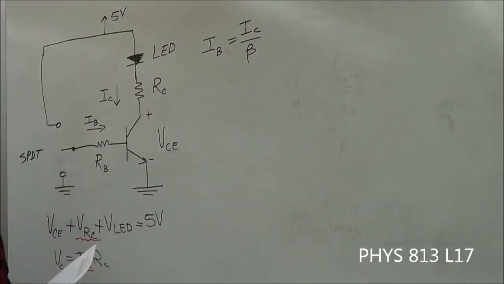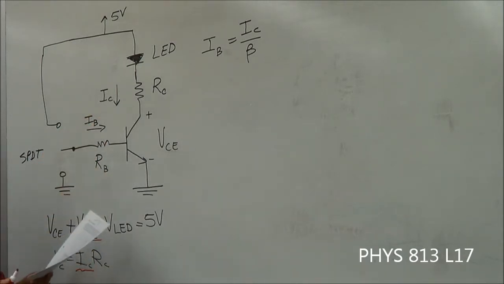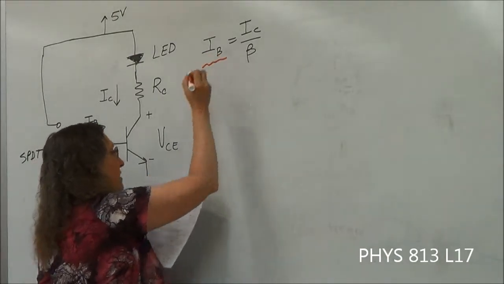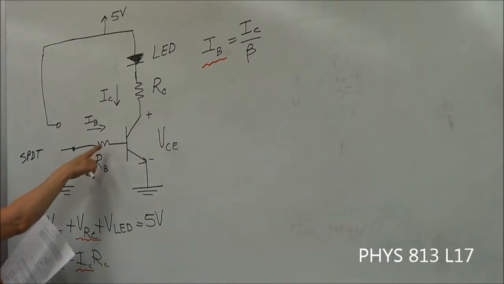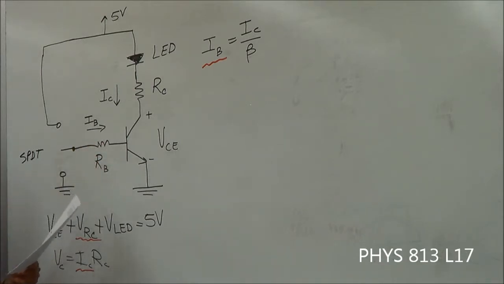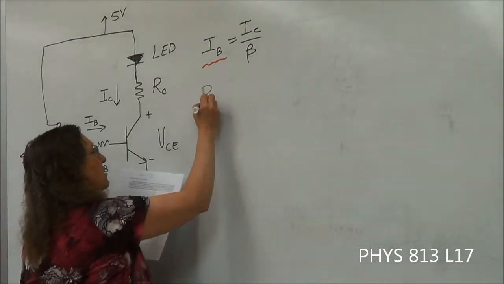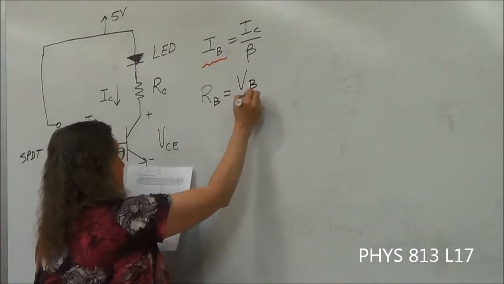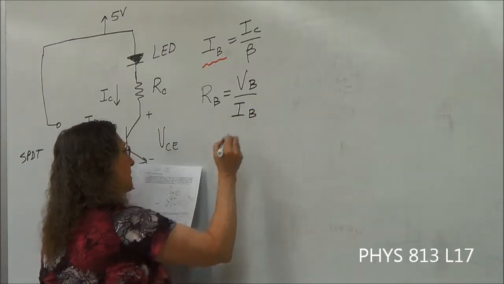Anyway, you know the collector current, you will have found it from down here, and if you assume beta is 50, then you're going to solve for the base current. And then if you know the base current, you can use Ohm's law and solve for that resistance. So the base resistor is going to be the base voltage divided by the base current.